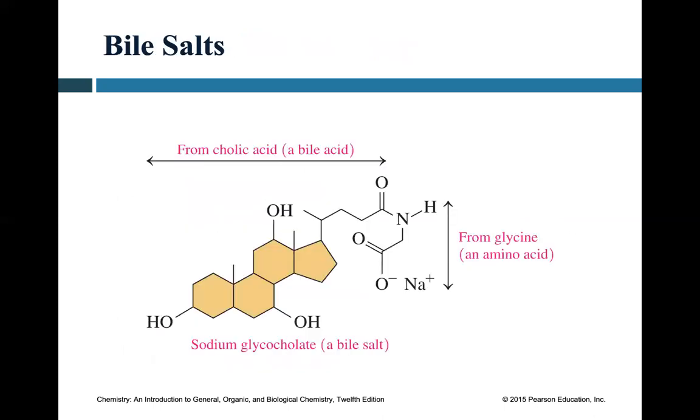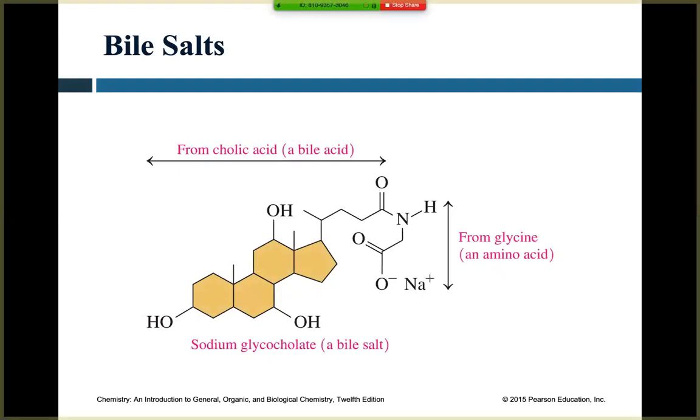Another type of steroid that your body uses is bile salts. So again, we can see that steroid nucleus, right? We're looking at that four cyclic structure down here. It's been modified with certain functional groups that allow it to do its function.